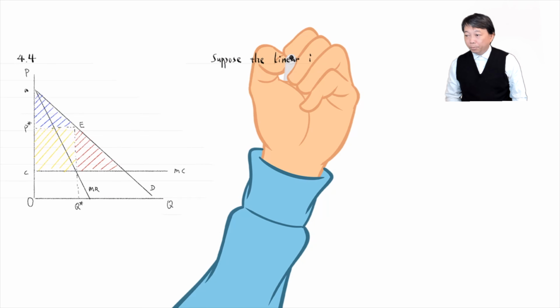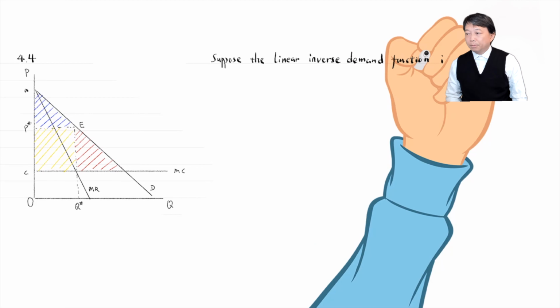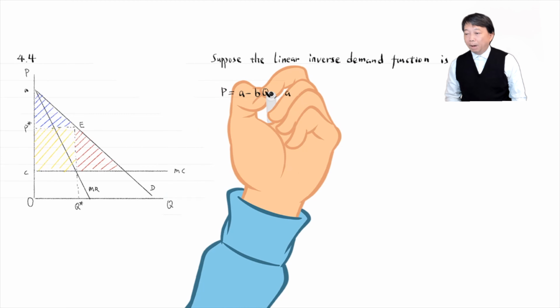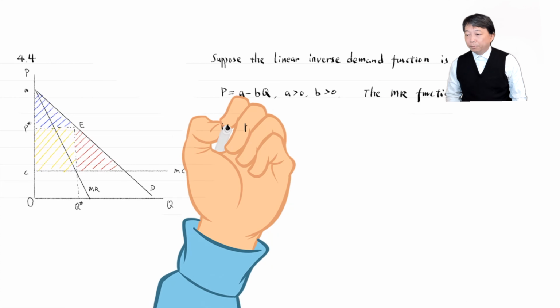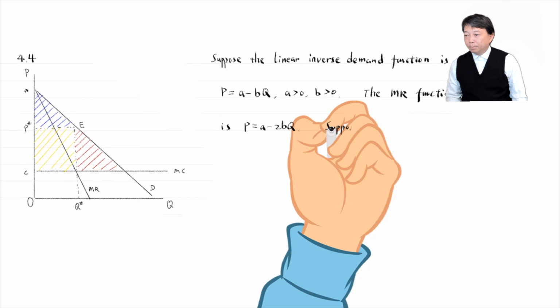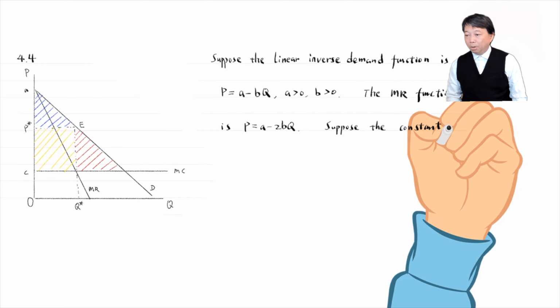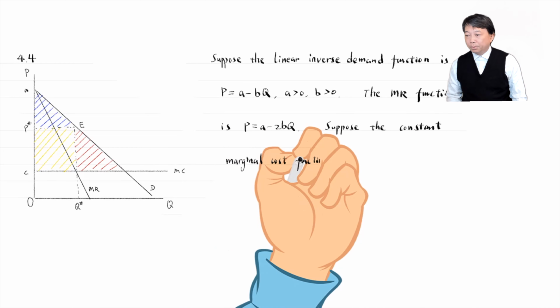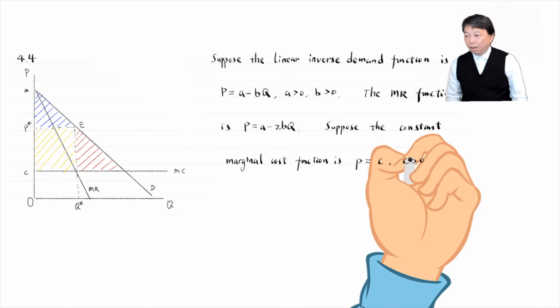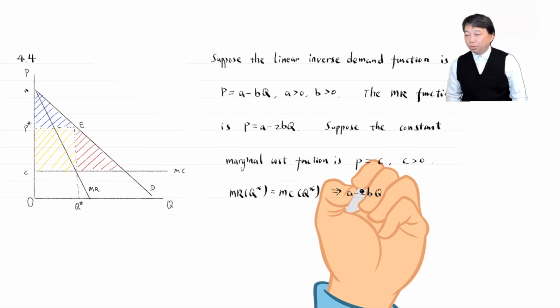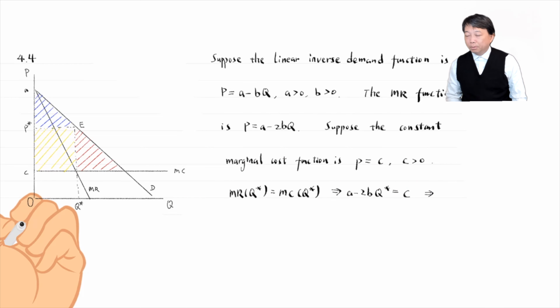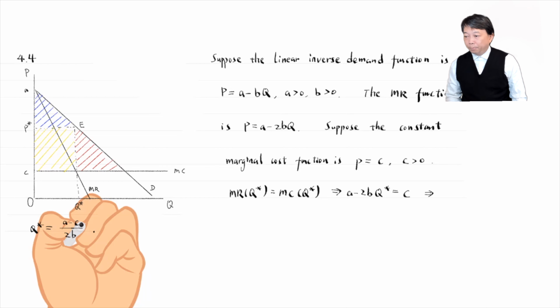Suppose the linear inverse demand function is P equals A minus B times Q. We can write the marginal revenue function directly. Suppose the constant marginal cost function is P equals C. At the monopoly profit maximizing output Q star, marginal revenue equals marginal cost. We solve for the Q star.